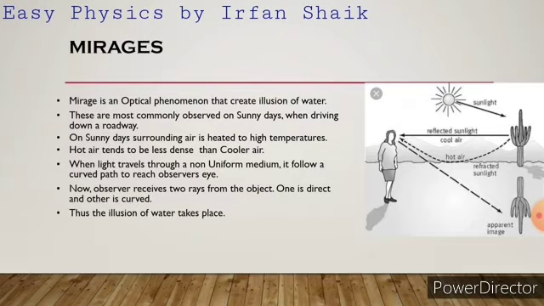Now observer receives two rays from the object. One is direct and other is curved. You can observe these two rays in the diagram. One light ray which is showing directly, that means straight line, and another one is curved line. So that's why the illusion of water takes place.